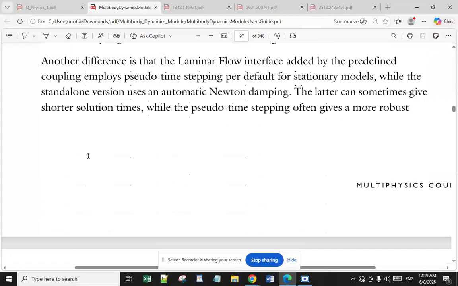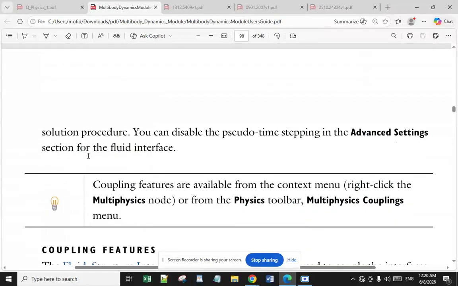Another difference is that the laminar flow interface added by the predefined coupling employs pseudo-time stepping per default for stationary models, while a standalone version uses an automatic Newton damping. The latter can sometimes give shorter solution times, while the pseudo-time stepping often gives a more robust solution procedure.